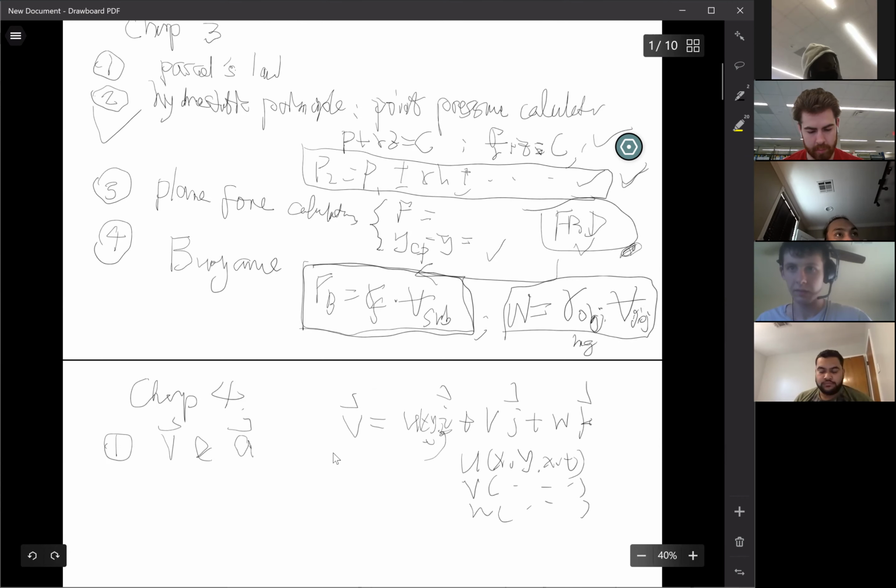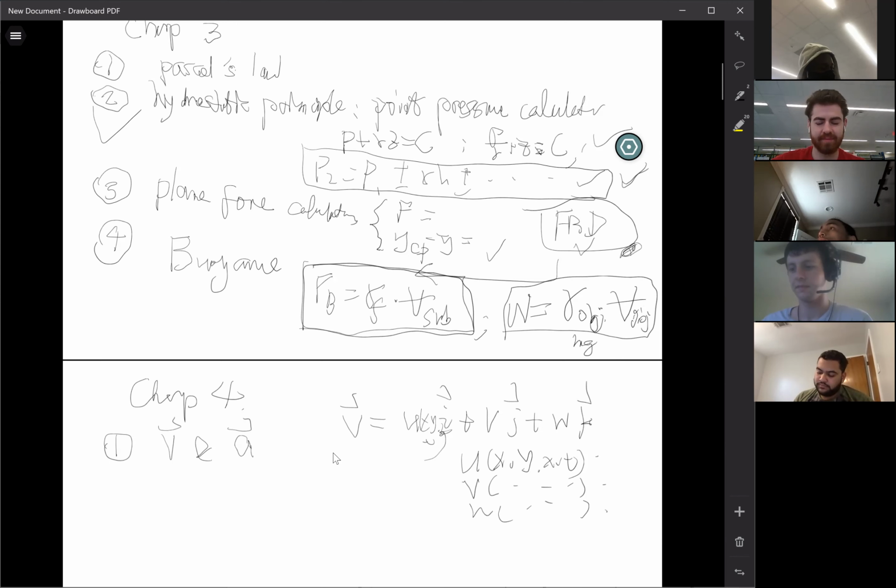If I ask you, if there's a place where the velocity equals 0, what do I mean? Velocity equal to 0 means all 3 components equal 0. It's a vector, so get familiar with the concept of a vector and how to do vector operations.